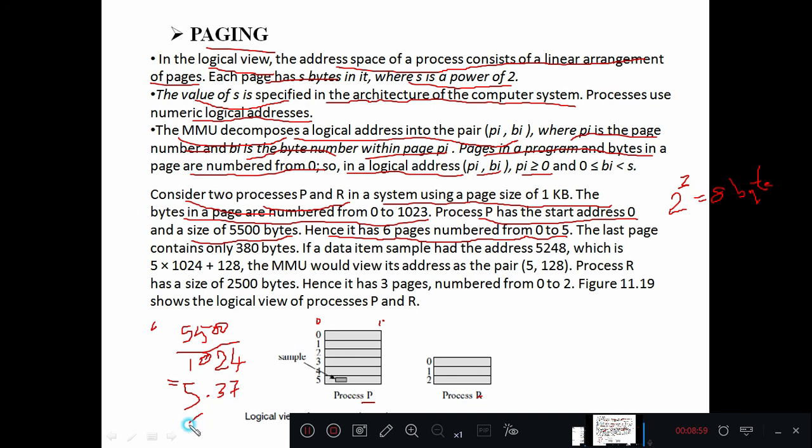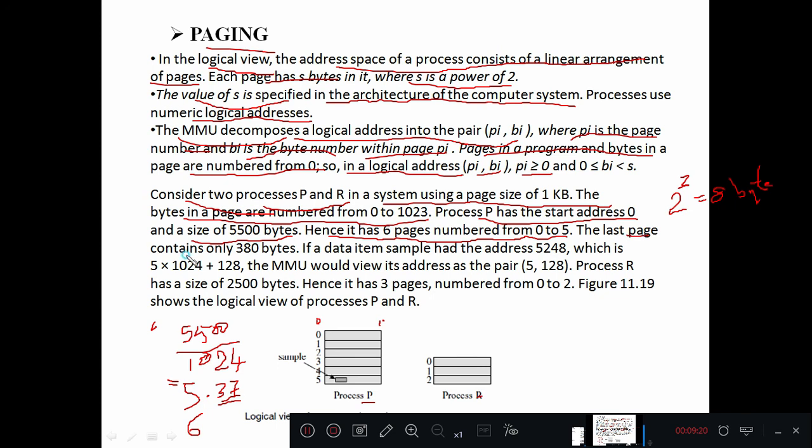So we require a total of 6 pages. Take a whole number, and don't consider it as a fraction. If you get the answer as a fraction, take the next whole number as the number of pages. So we require a total of 6 pages.